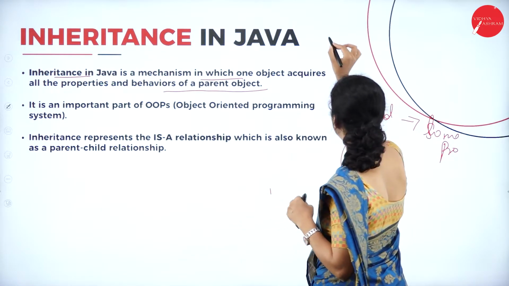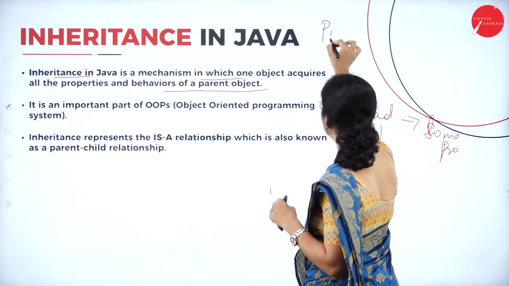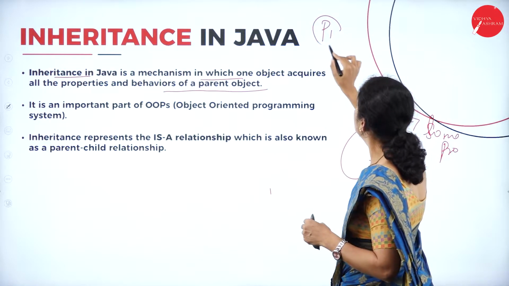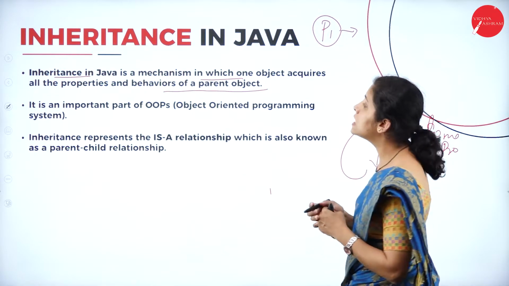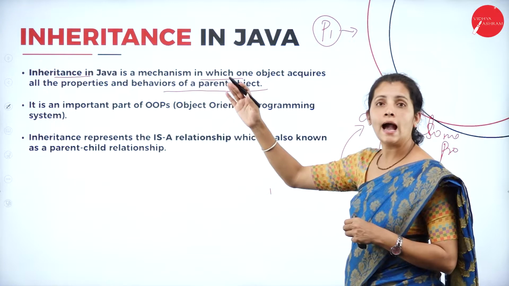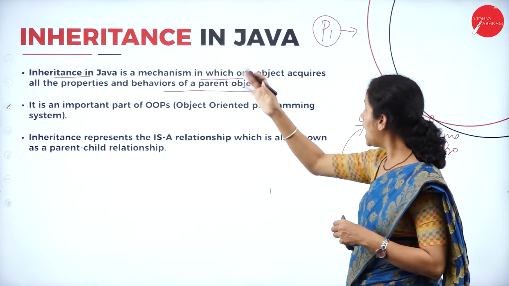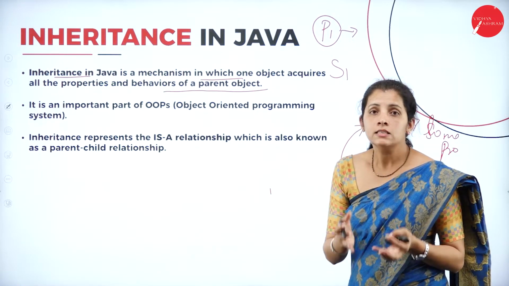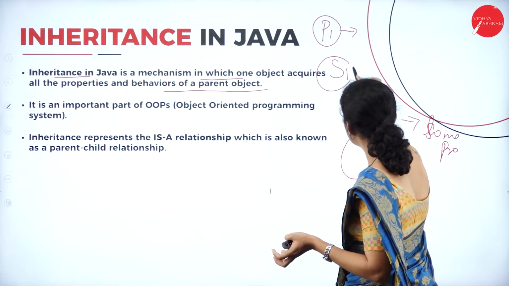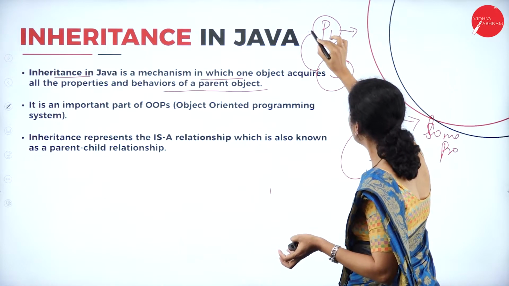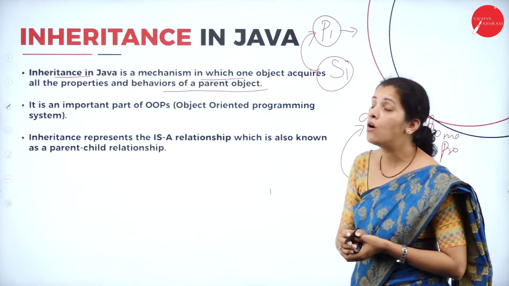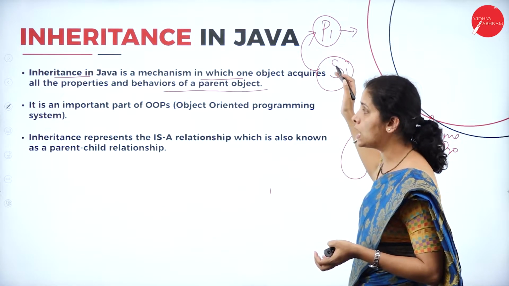For example, think that P1 is my parent class and it has some property as well as behavior. If I have a subclass, then this subclass can have all the properties as well as behavior of the parent class.